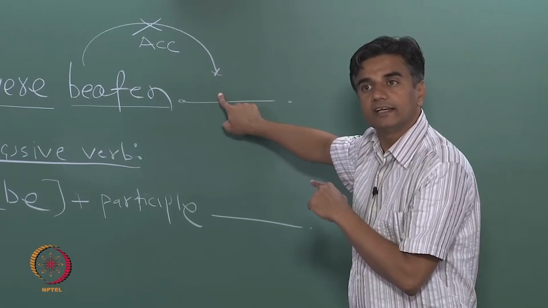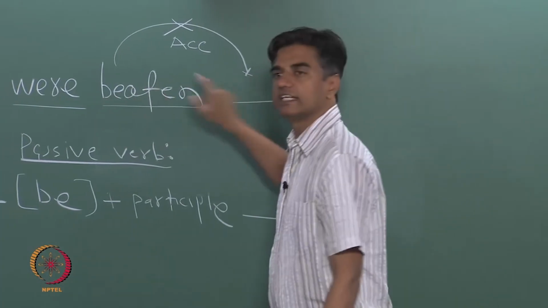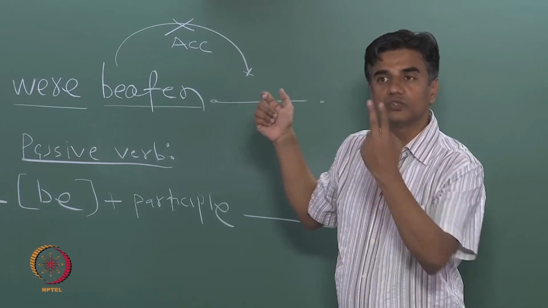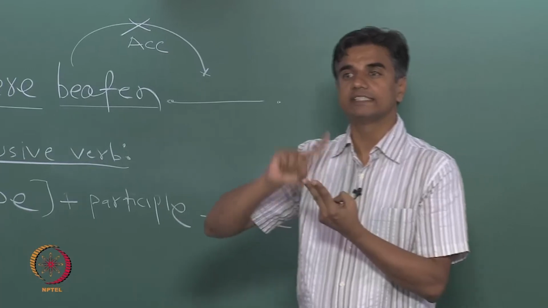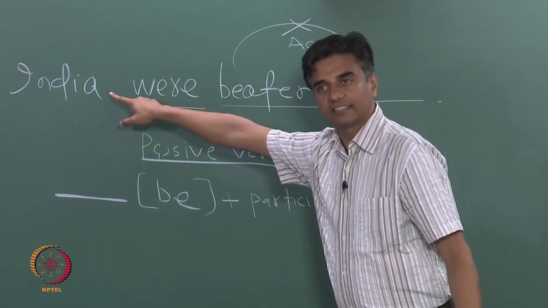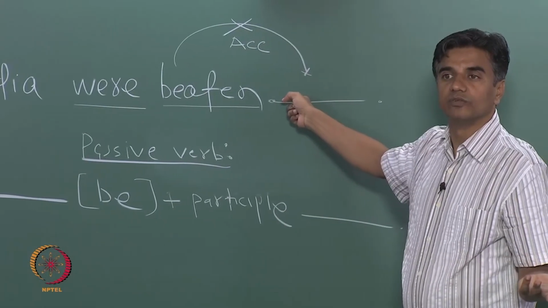If we leave this here, the sentence is no good. Do we have a sentence, were beaten India by Sri Lanka? Can we say something like this? No, because of two reasons. We cannot say were beaten India by Sri Lanka because it needs a subject, and this NP remains with no case.